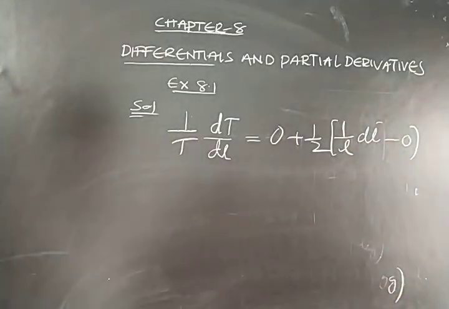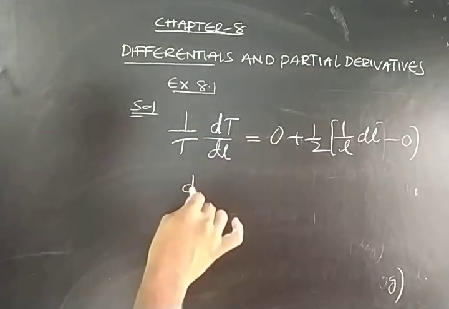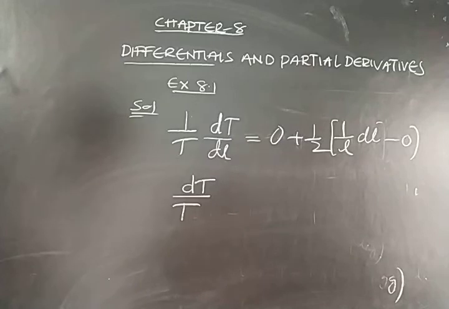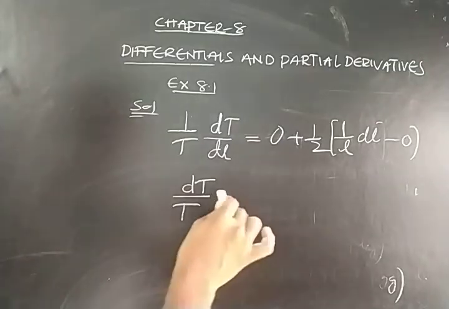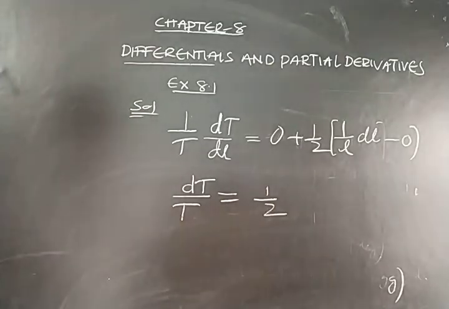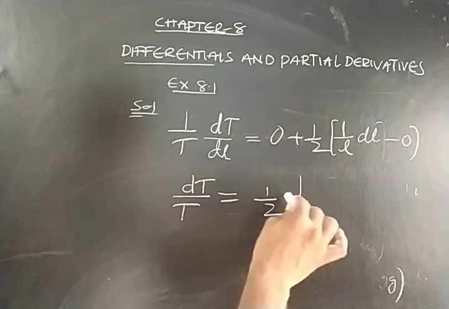So what we got here: dt by t is equal to 1 by 2 of 1 by L dL.